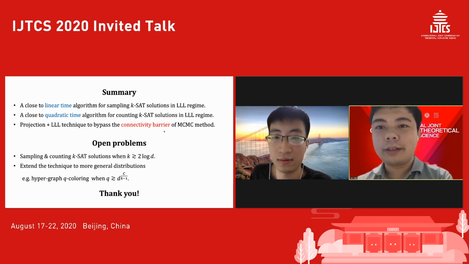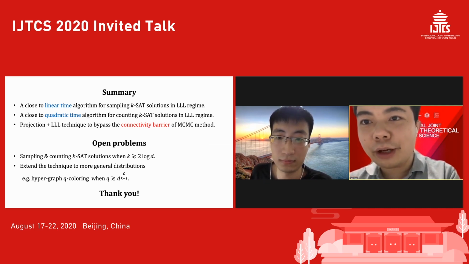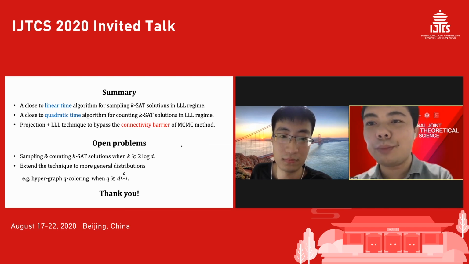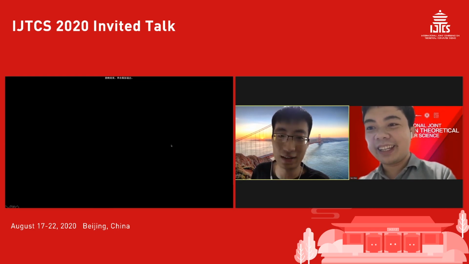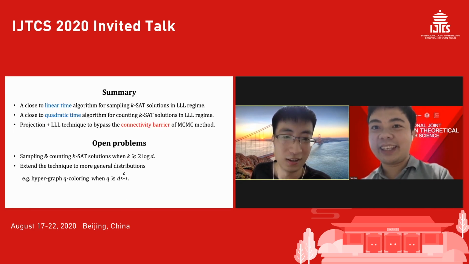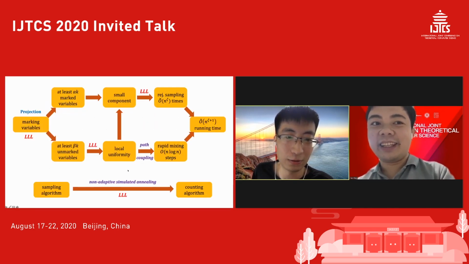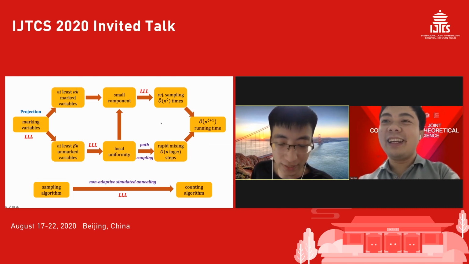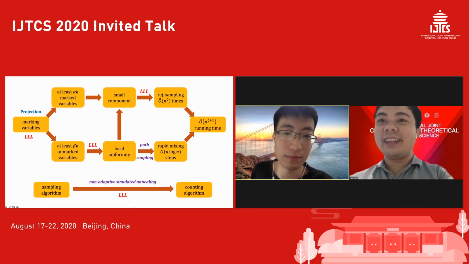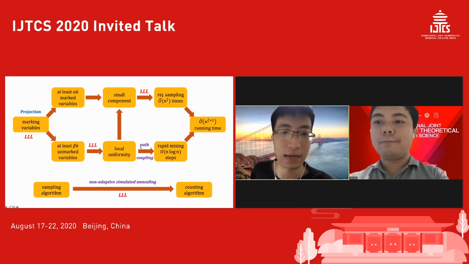Okay, cool. So there's another question. In your counting algorithm, what is mu theta? Mu theta is actually a weighted distribution. To do the counting, we need to define a weighted formula. The weight means that we give every assignment a weight. Even if X is not a satisfying assignment, we still give it a positive weight.